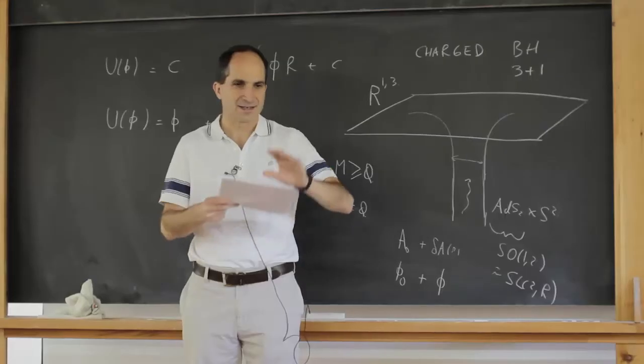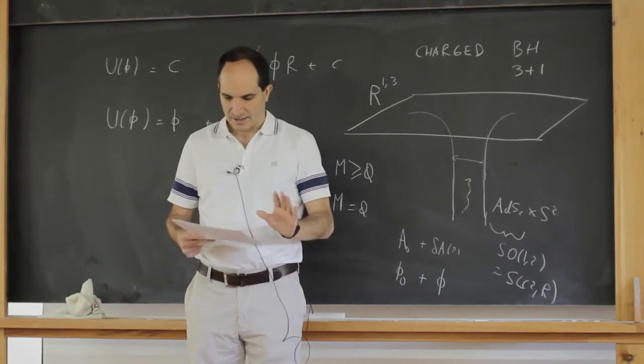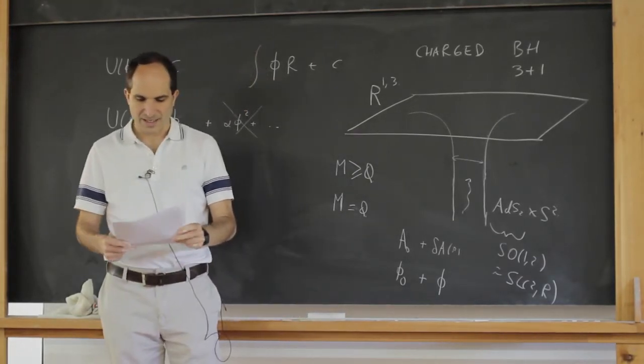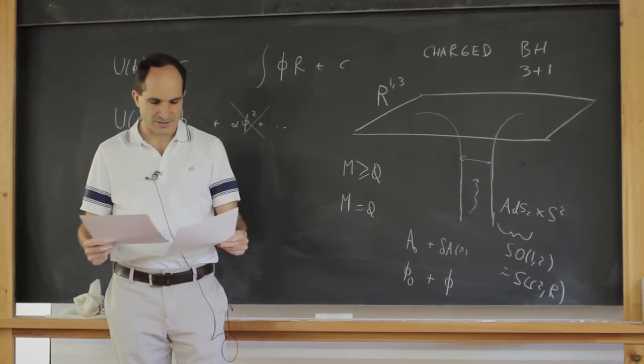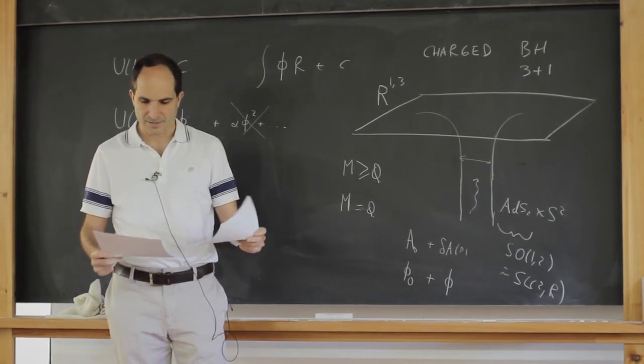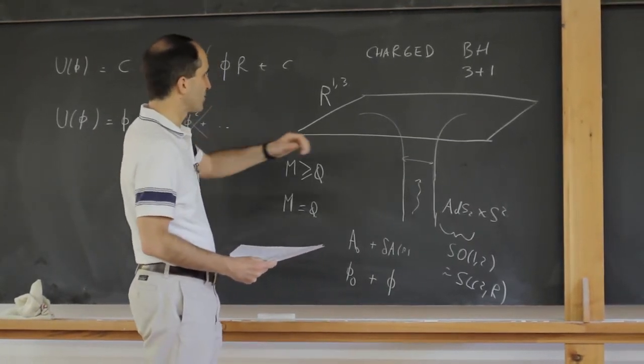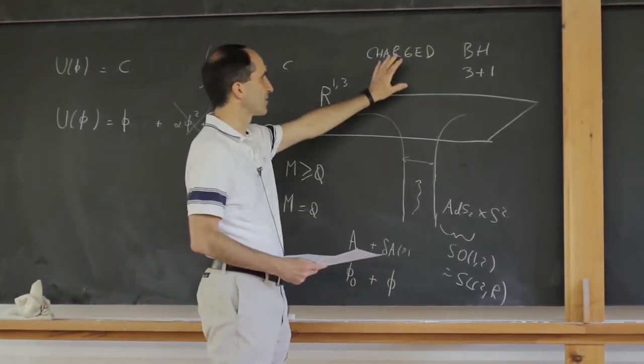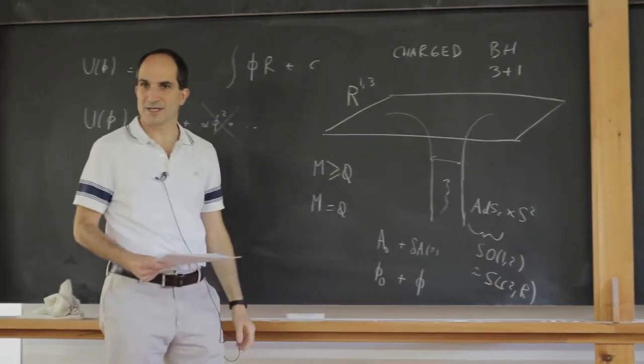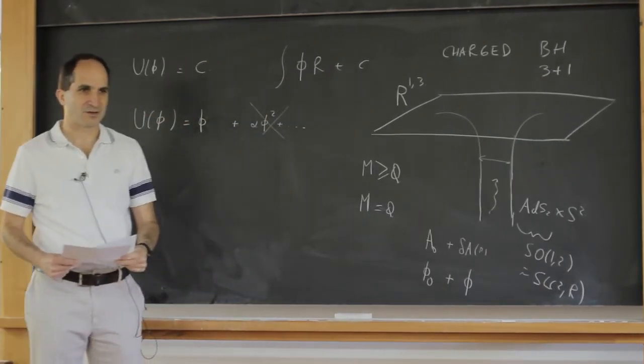It's not just an action we pull out from a hat, but it arises as a limit of some more interesting, more general situations. I mean, one problem that I think might be interesting is to understand whether this action also arises for the case of the Kerr black hole in 4 dimensions. That hasn't been shown completely explicitly.